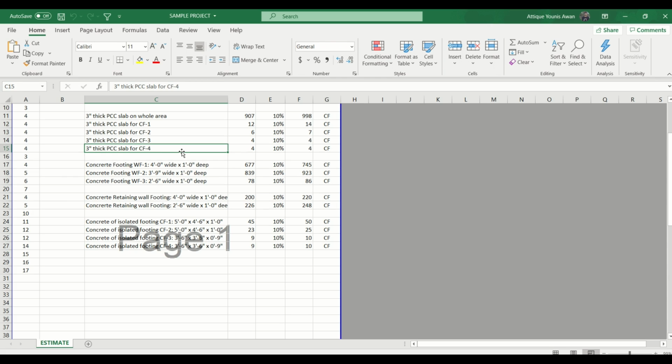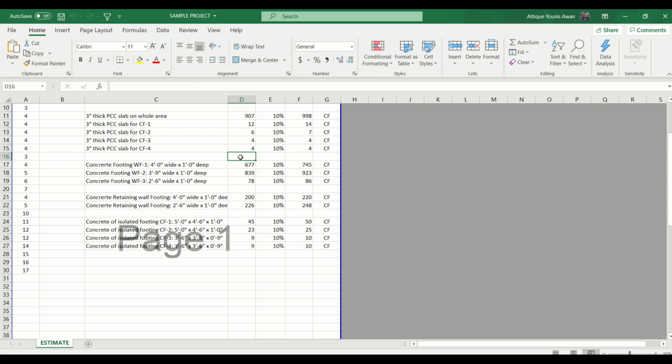Sometimes we use an admixture in it, and we need to get the quantity of that admixture as well. But in today's session, I'm going to find out how much of the constituents of that concrete we are going to need in our estimate.